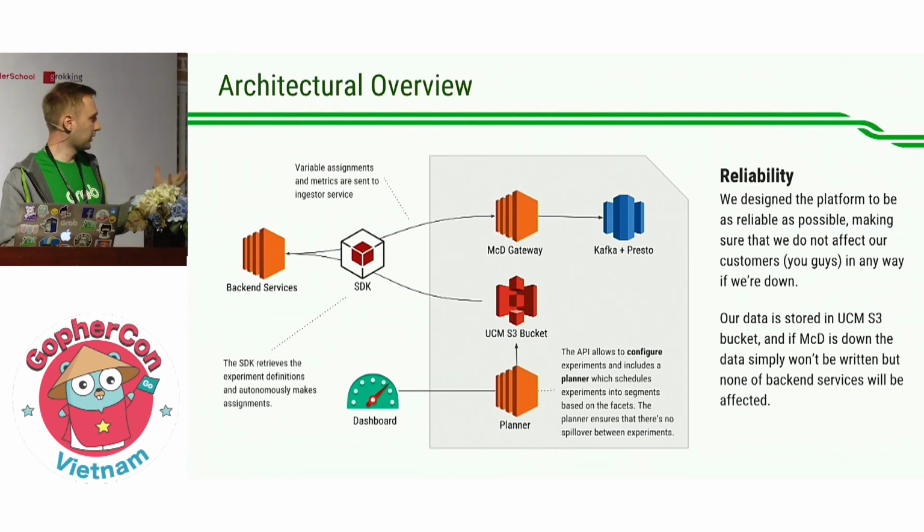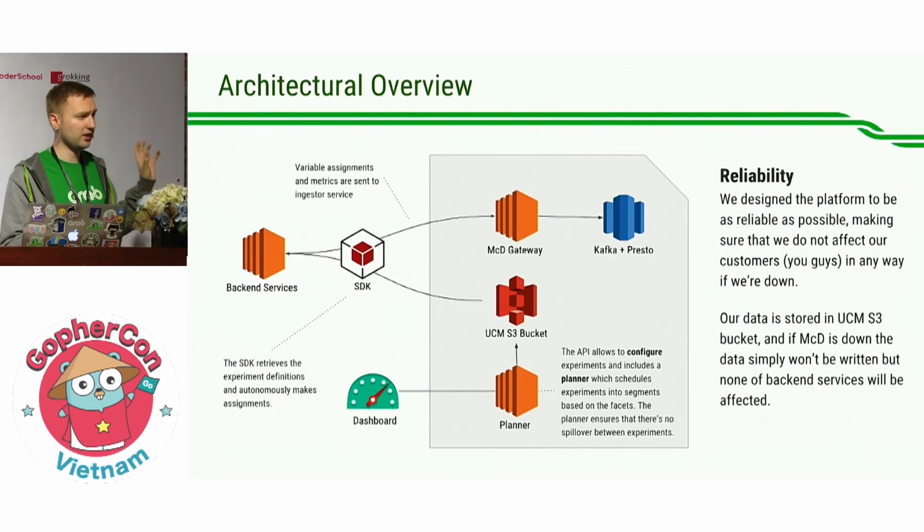Then we have a planner service, which orchestrates all the planning and scheduling of the experiments, does heavyweight validation, and makes sure that experiments don't interfere with each other. That's our core logic, and a lot of work goes into the planner service, right? But at the end of the day, they just create JSON files. So the SDK doesn't care.